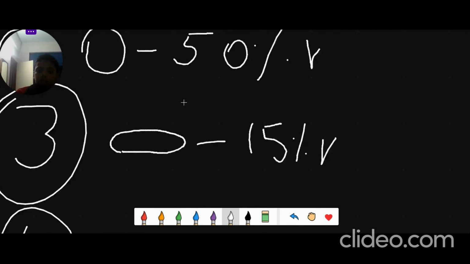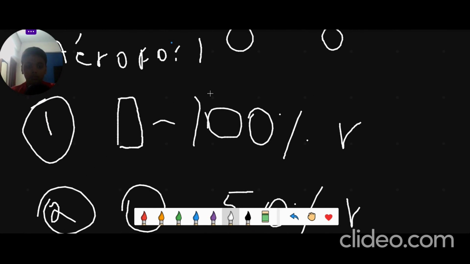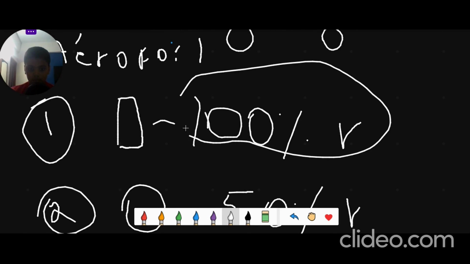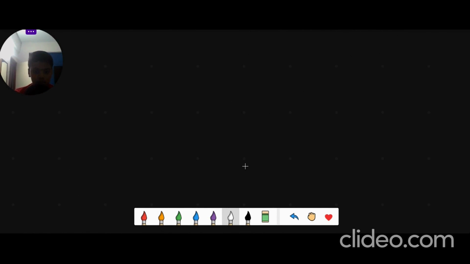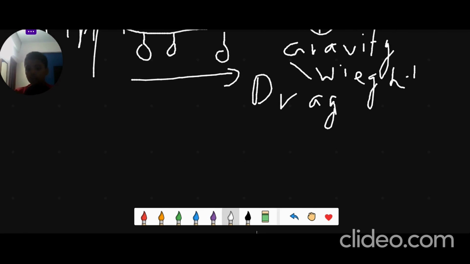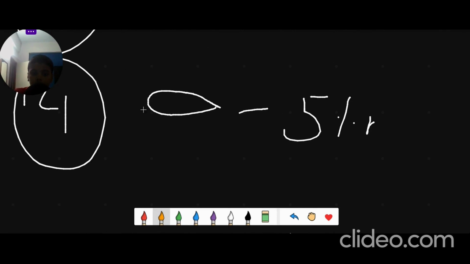So we learned the types of aerofoil. The reason the flat plate aerofoil couldn't actually cover much distance is because of this. It had 100% resistance. What you would need is a low resistance one, just like this.